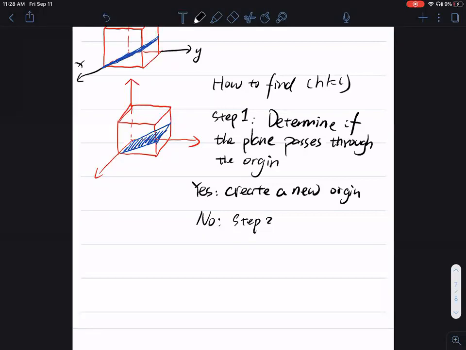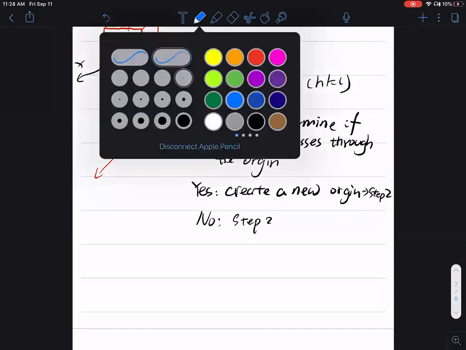If yes, let's create a new origin, then jump to step 2. Okay, how do we create a new origin? The new origin should make sure the plane doesn't cross through it. Let's just make it consistent. If you see a problem like this, that's all great. Let's make a new origin: use another corner of that unit cell as the new origin.